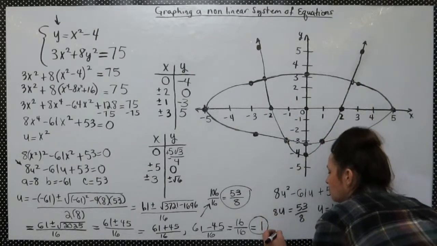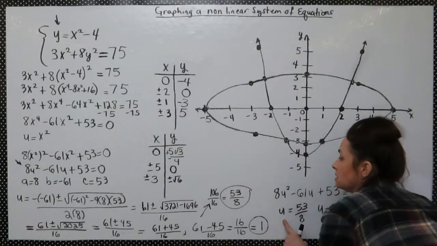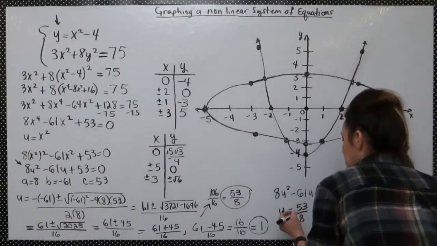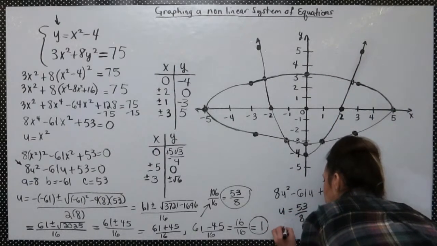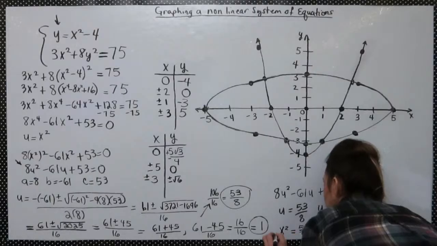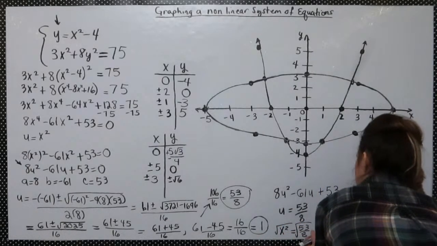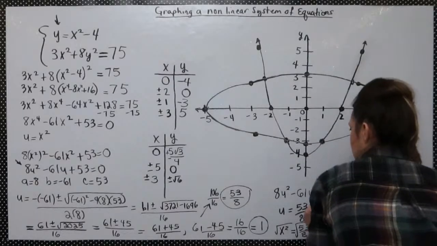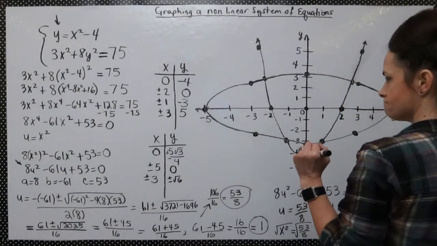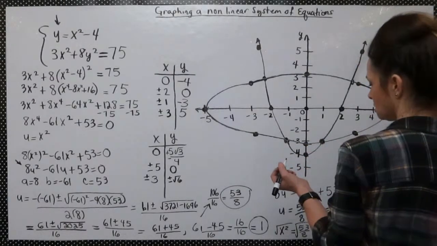And we're going to go ahead and replace. So since we have what u is equal to, we make a substitution. We'll turn around and plug x squared back in at this point. x squared equals 53 over 8. So when you take the square root, for this one, you're going to get x equals plus or minus radical 53 over 8.